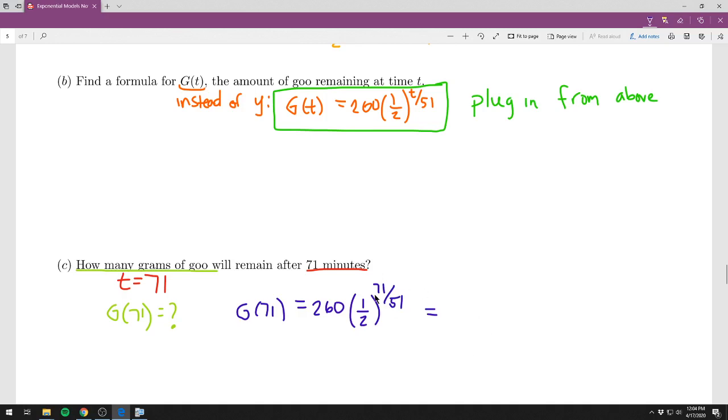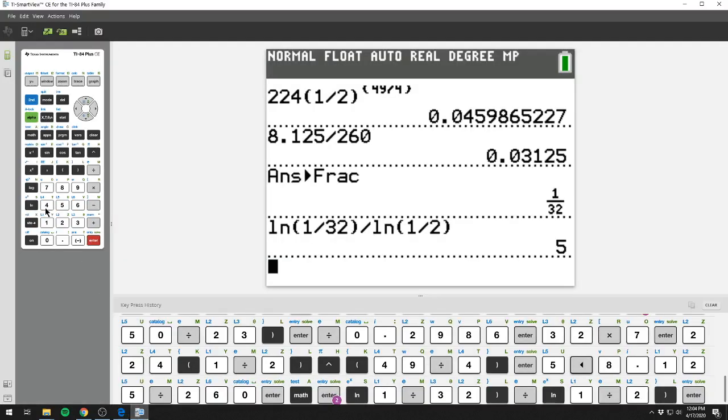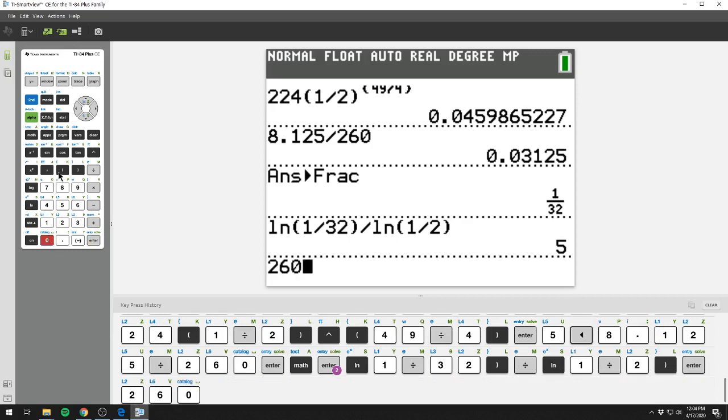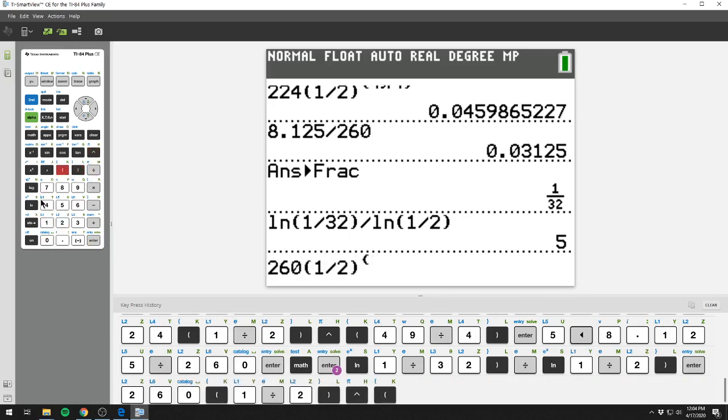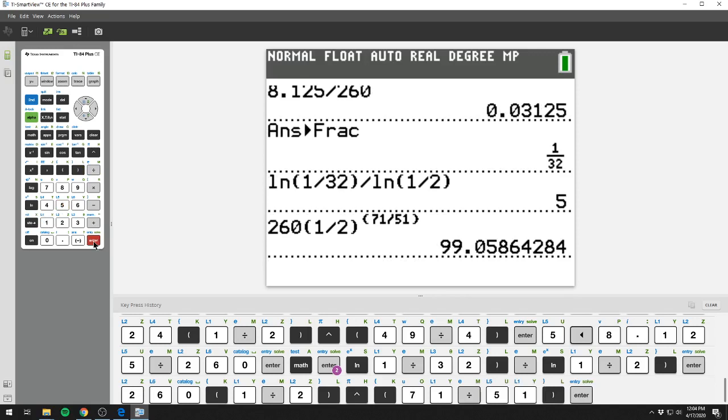And this is something that I would just do all in the calculator because this exponent doesn't simplify at all. Okay, so we got 260 times 1/2 raised to the 71 divided by 51 power. And that is 99.06, rounded to 2 spots.